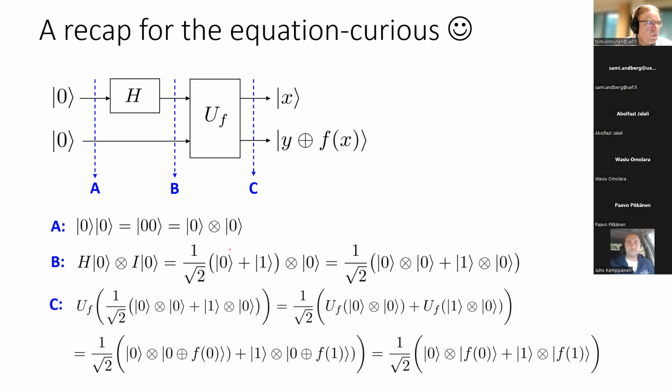Maybe I can mention one thing here, which might be new to you. When we analyze a circuit like this, let's say we have the state 0, 0, the tensor of these two states, and it goes to the Hadamard, and we do nothing on this second qubit.